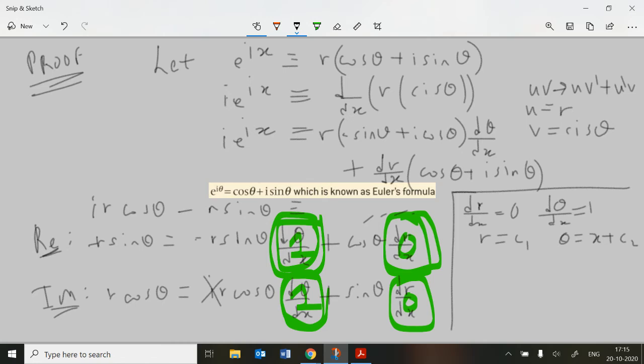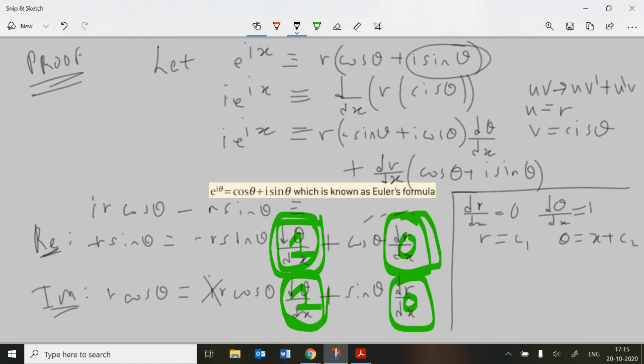Okay, now the initial starting condition from this: you can see that if we put in x equal to 0 here, we're going to get out 1 here. So e to the power of 0, anything to the power of 0 is 1. Now, to get out 1 from this, we need to eliminate the imaginary part, and we just need to end up with this part here, r cos theta.